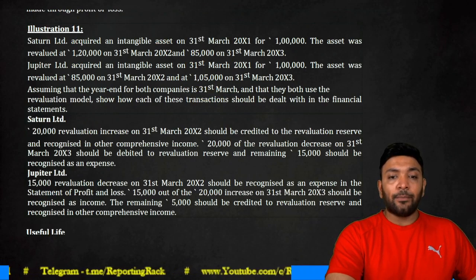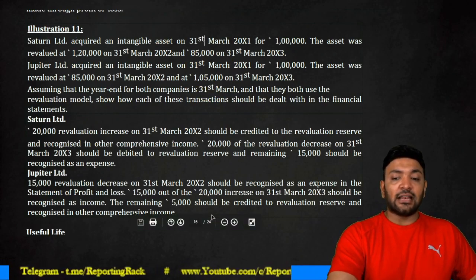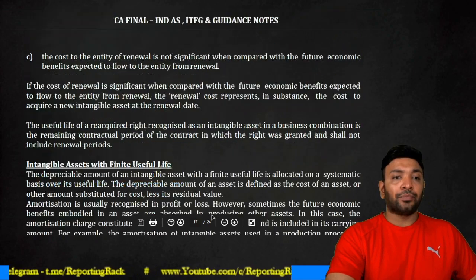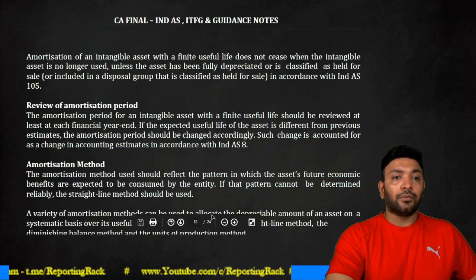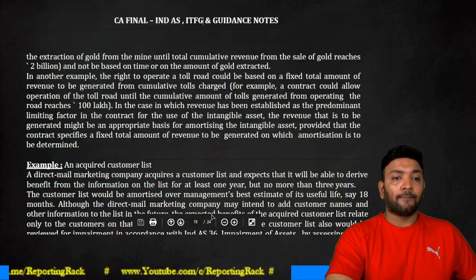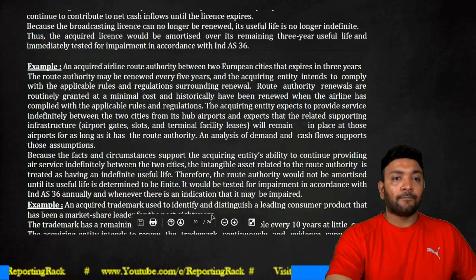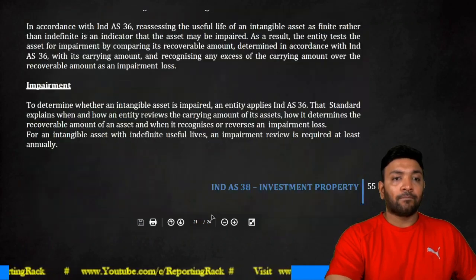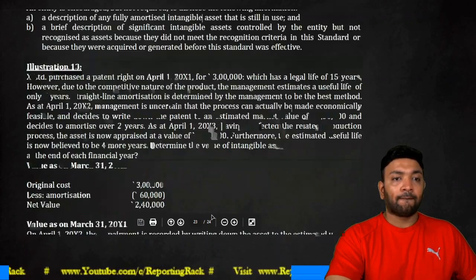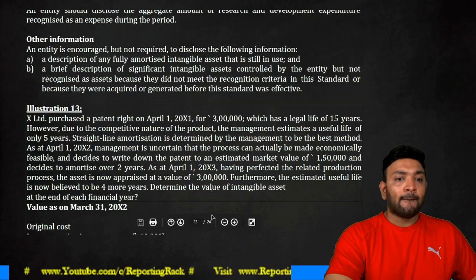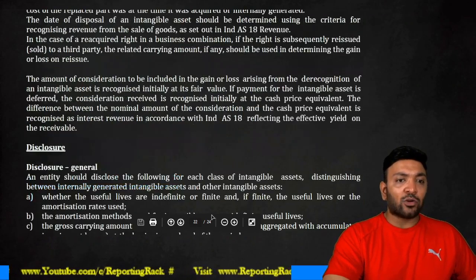Let's continue then. Done with illustration number 11. I think we missed illustration number 12 somewhere.